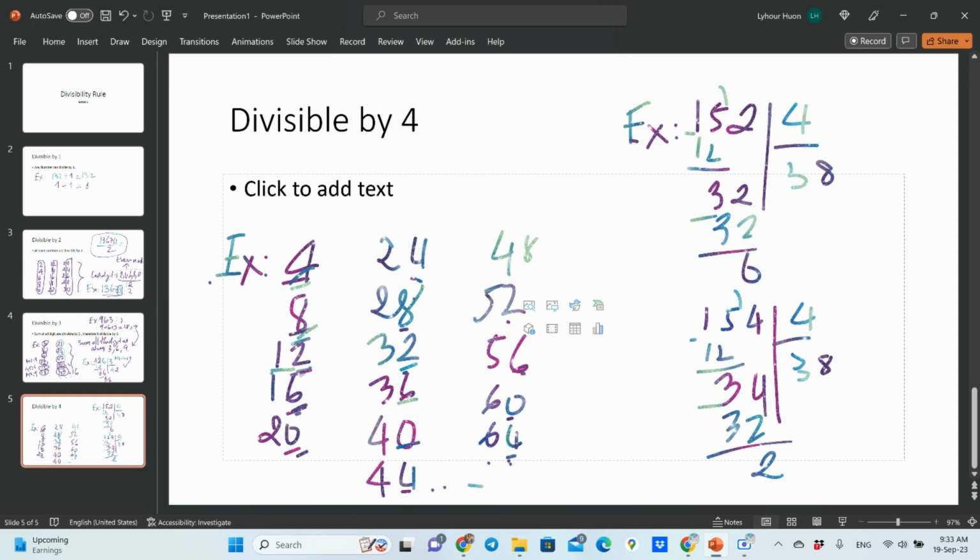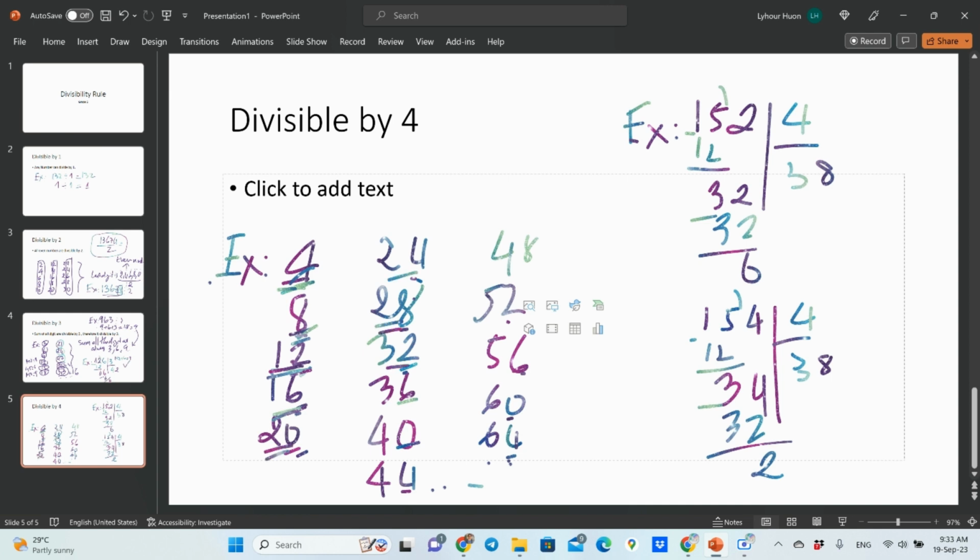48260, right? But the rule said we notice not just one last digit number. We notice the last two digit number.